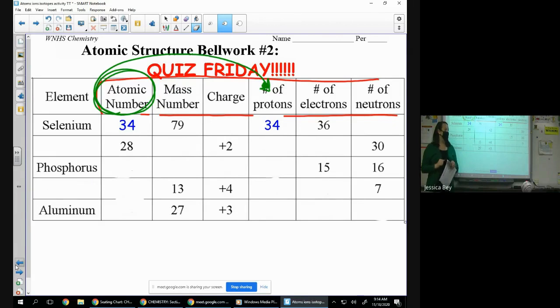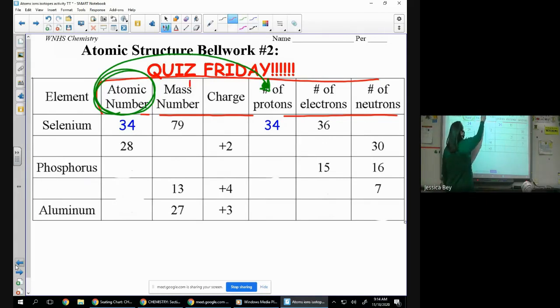All right. Now, you've been given a mass number. So that means you need to be careful, and you don't always use the mass off the periodic table. If you've been given a mass number, use what you've been given. Or if you've been given neutrons, use what you've been given. Okay, so I have a mass.